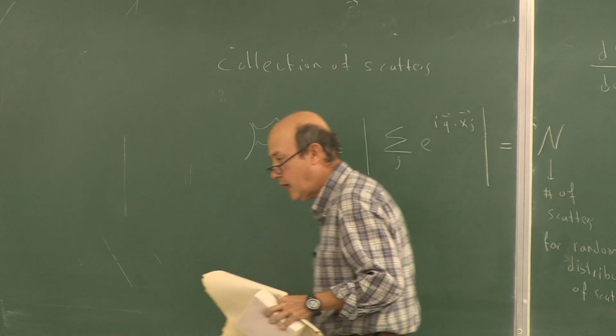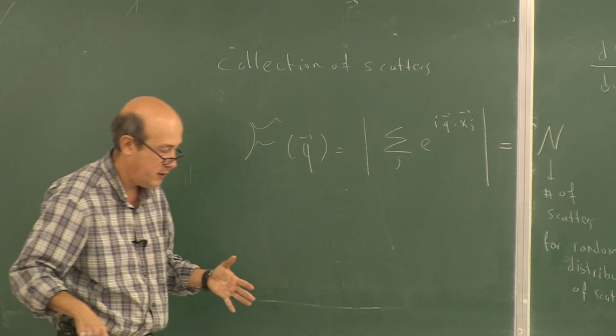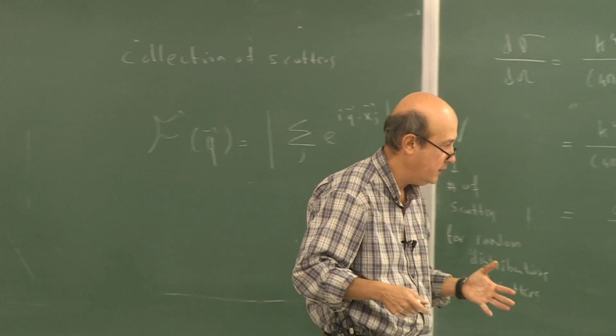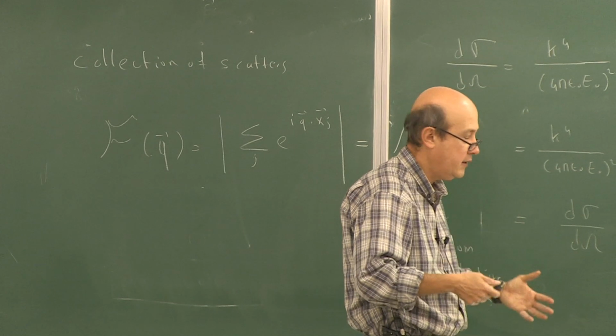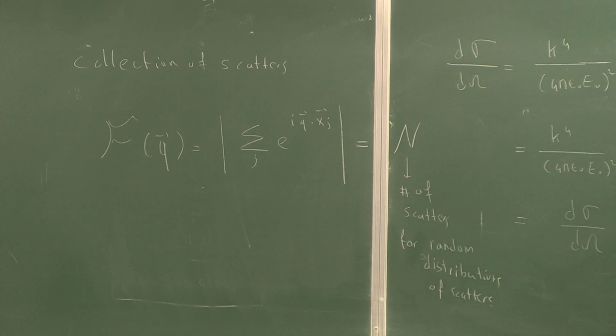If the scatterers are not randomly distributed, if they form a crystal structure or some lattice structure, you have to define new structure factors. There is one in your book for the cubic lattice, for example.